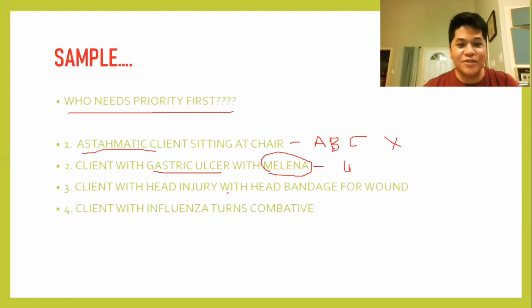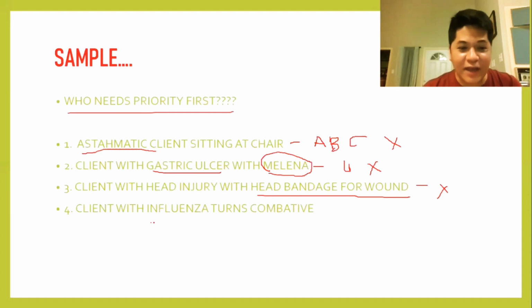Client with head injury with head bandage for wound. But it did not say, is this client a priority? Well, it already had a head bandage for the wound, but it did not say anything. There are no symptoms that are unusual or changes in behavior, so that's not our priority. Then the last, client with influenza turns combative.